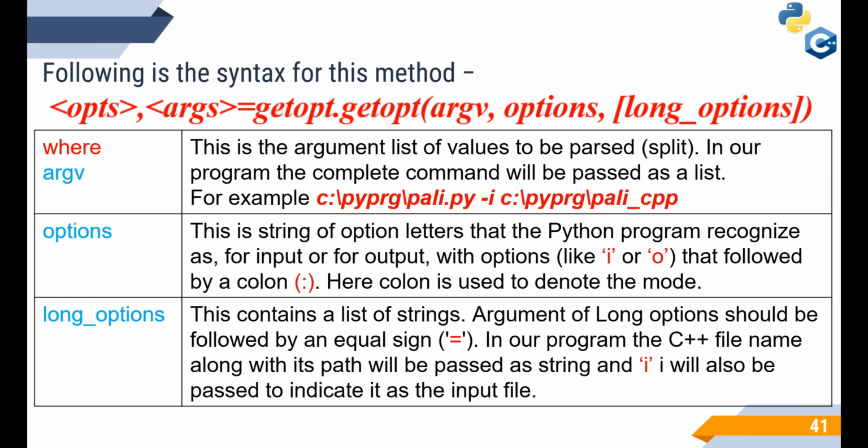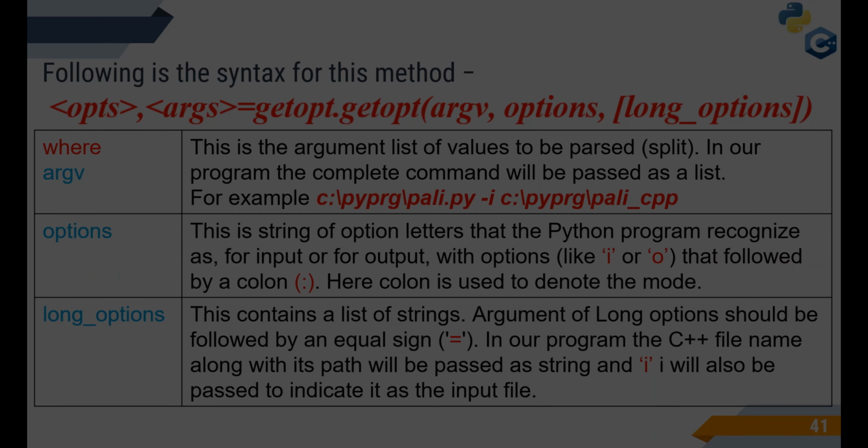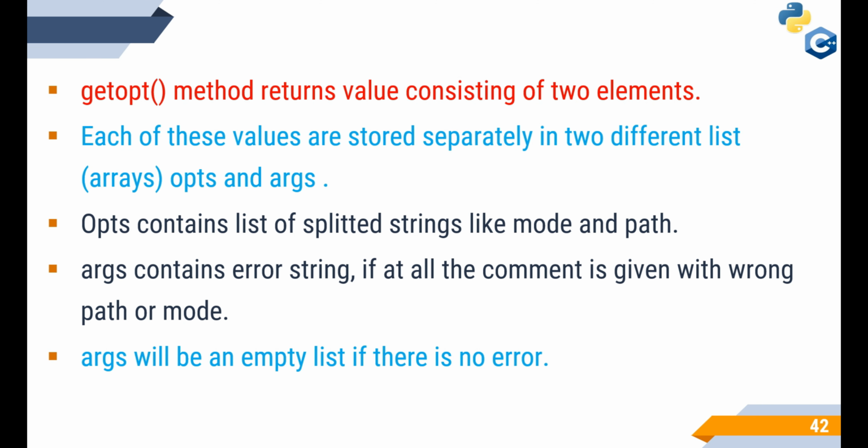Now long_options contains a list of strings. The argument of long options should be followed by an equal sign. In our program, the C++ file name along with its path will be passed as a string, and i will also be passed to indicate it as the input file. Here the getopt method returns a value consisting of two elements.